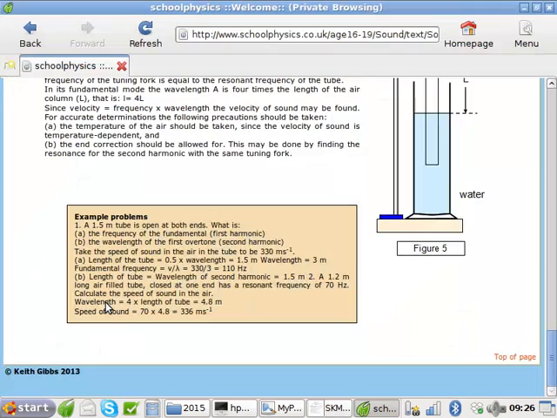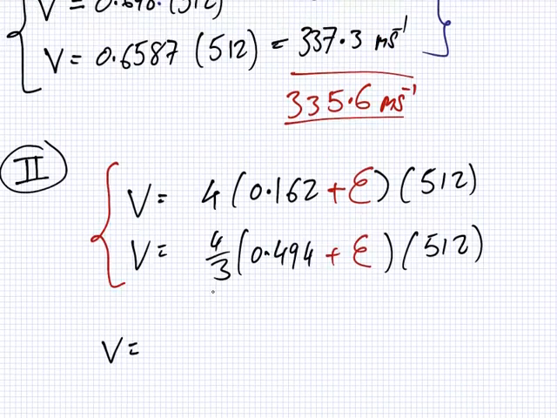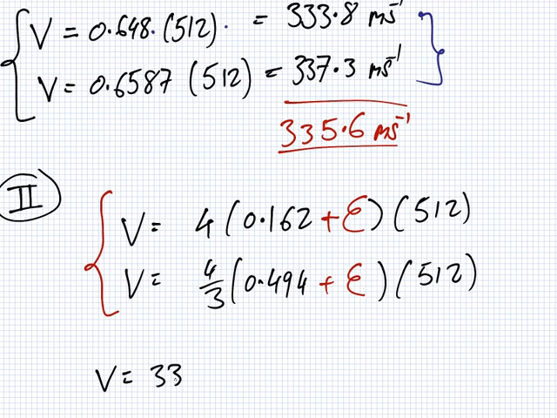Right, okay, so we get V equals, when you multiply it out, 333.8 plus 4 times 5.12, that is 2048 E. I think that's right.